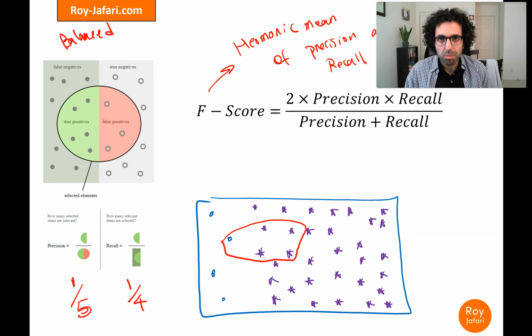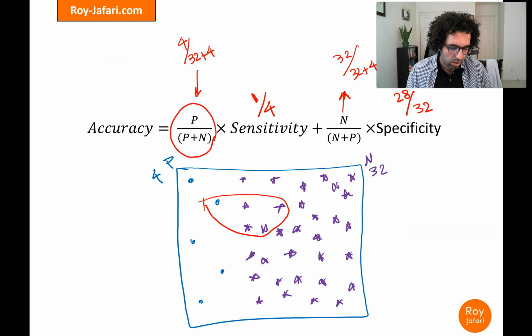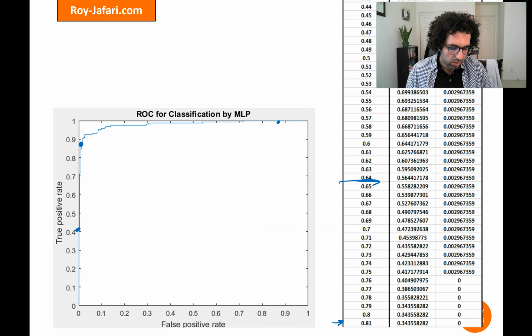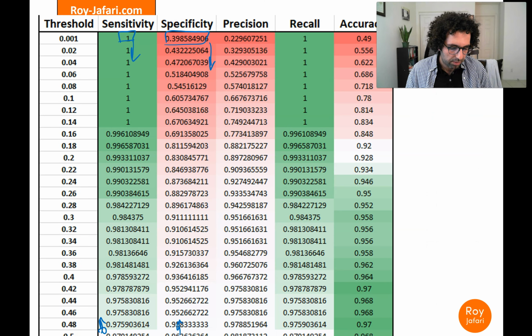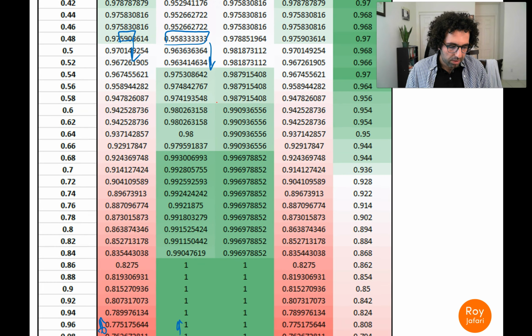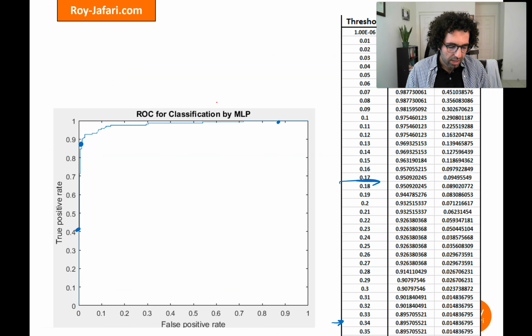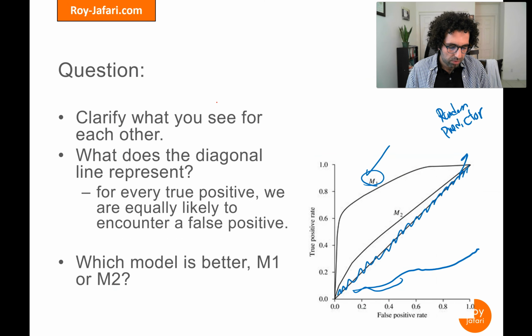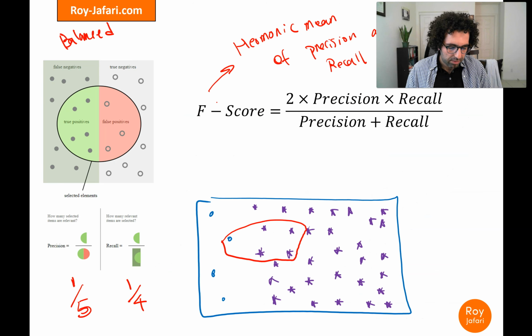So even though precision and sensitivity, as we saw, remember, behave very similarly, precision has one advantage, and that advantage is that it does not take into account the large number of negative cases that is very common in our classification tasks.